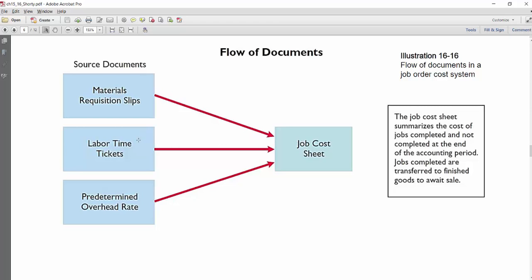And the labor time tickets for the labor that we can track to a particular job, we would pull from our labor time tickets, compute times the worker's wages and other costs, and throw that into our job cost sheet for a particular job as direct labor. And using something called the predetermined overhead rate that we'll discuss in a few minutes, we'll add a certain amount of overhead to our job so that we have direct materials, direct labor, and manufacturing overhead.